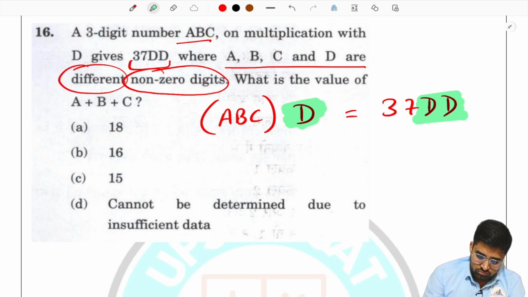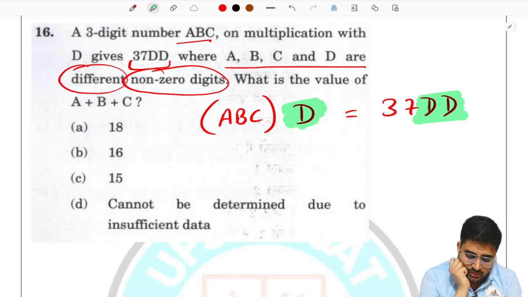If we get to know the value of D, then it becomes very easy for us to solve this question.